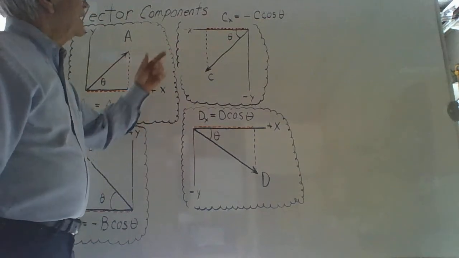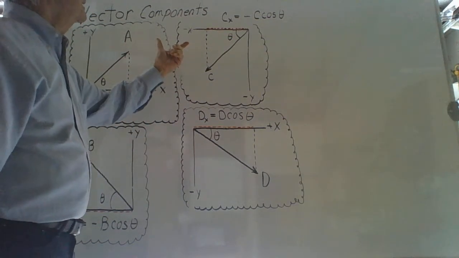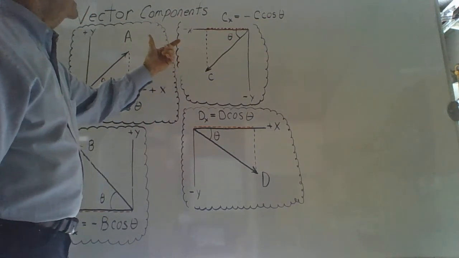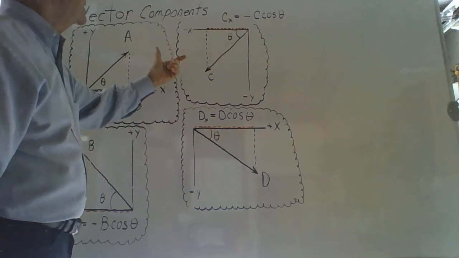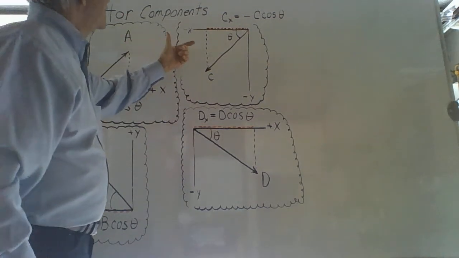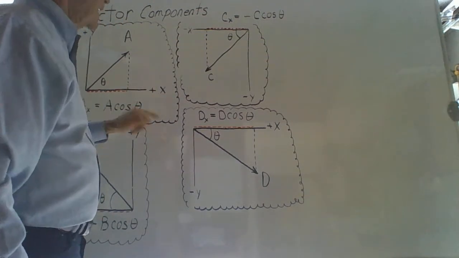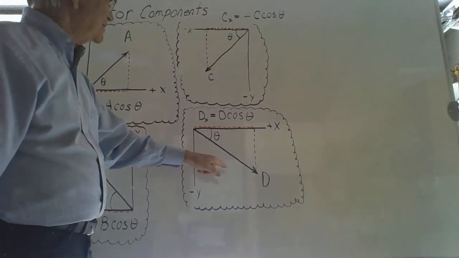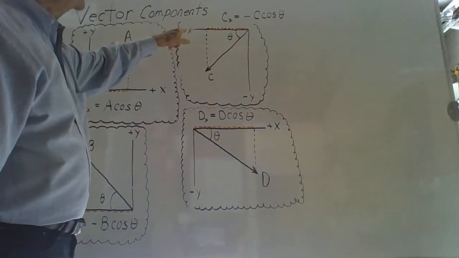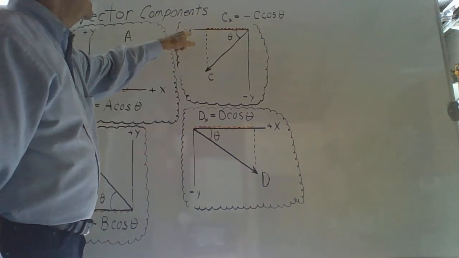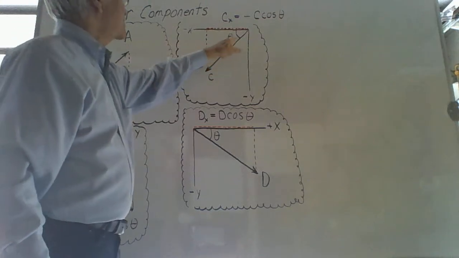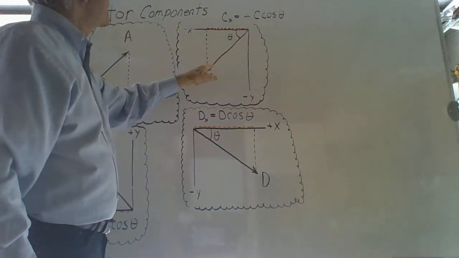Well, now we have a description of the x components of a vector in the third quadrant, and then in the fourth quadrant. Let's go back up to the third quadrant. We have a vector c that points into the third quadrant.